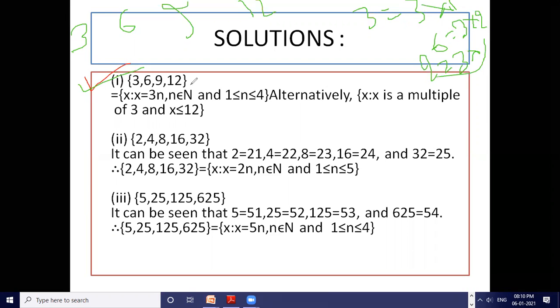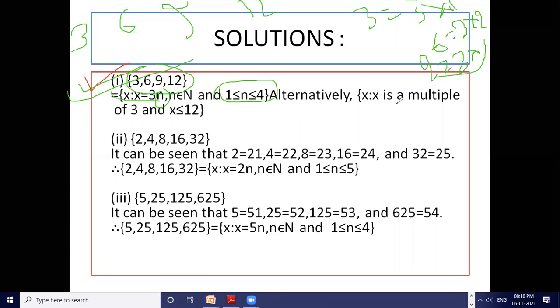Like that, ये जो 3 का multiple आ रहा है, किसके साथ? एक natural number के साथ. So I can write x such that x is equal to 3n, n belongs to capital N, और n कहाँ तक है? 4 तक है. 3 into 1, 3 into 2, 3 into 3, 3 into 4. So n is greater than or equal to 1, less than or equal to 4. I hope this one is clear. Okay, right?